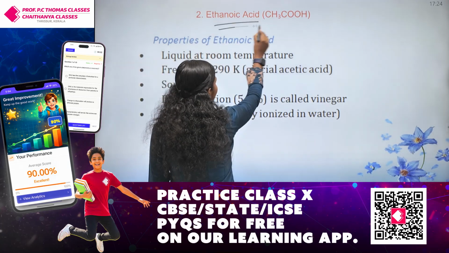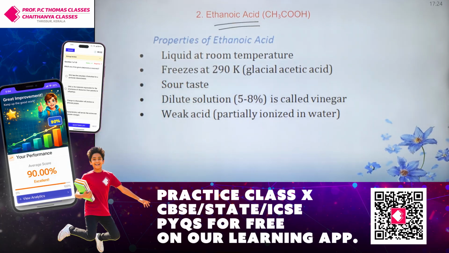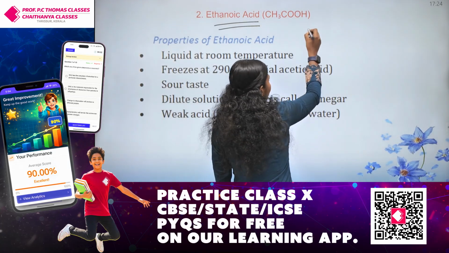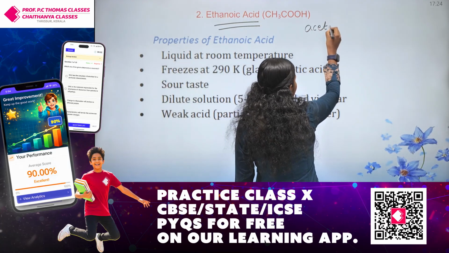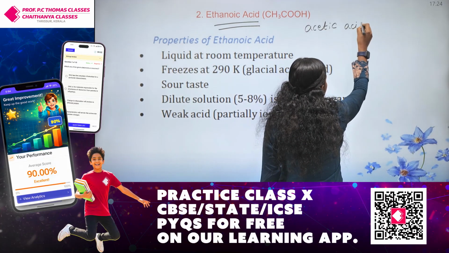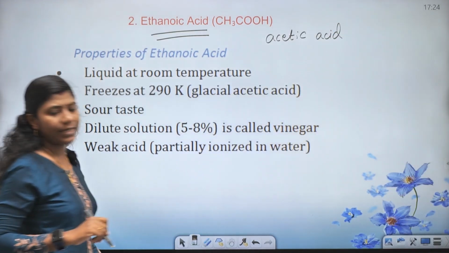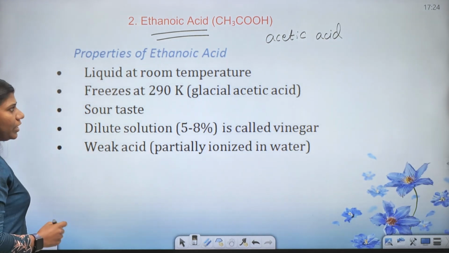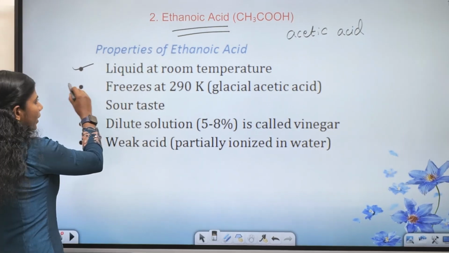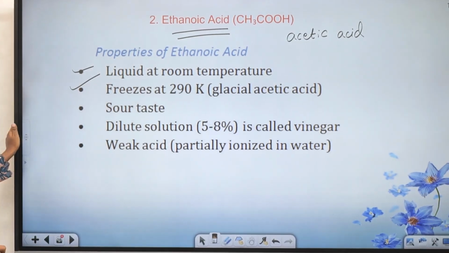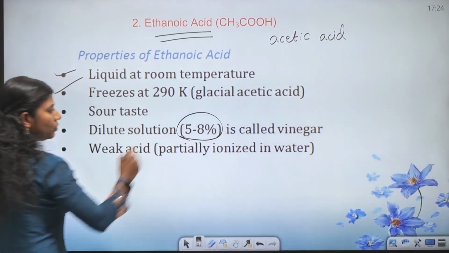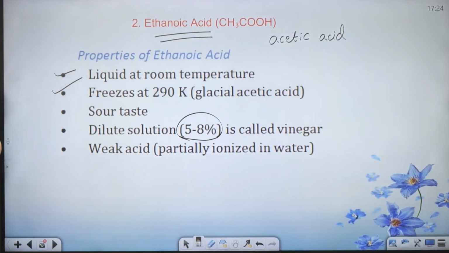Ethanoic acid. The molecular formula of ethanoic acid is CH3COOH. Ethanoic acid is also known as acetic acid. Then the properties of ethanoic acid: it's a liquid at room temperature, freezes at 290 Kelvin, and a 5 to 8% dilute solution is called vinegar.